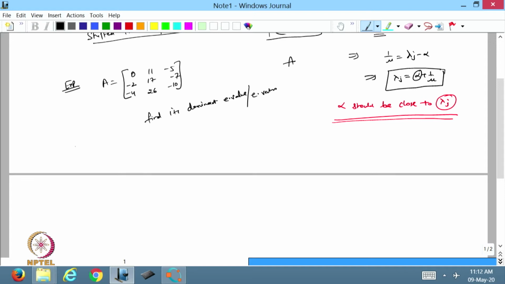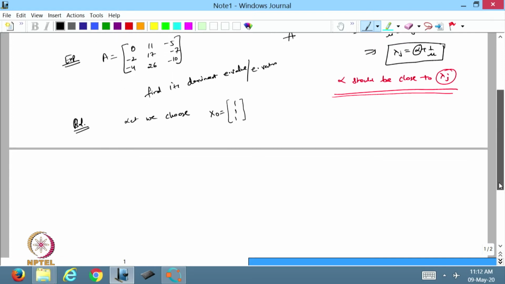In this case I apply the power method. First I choose x naught, the initial point. It can be any value you choose. Let us start with simply 1 1 1. This is the initial point.